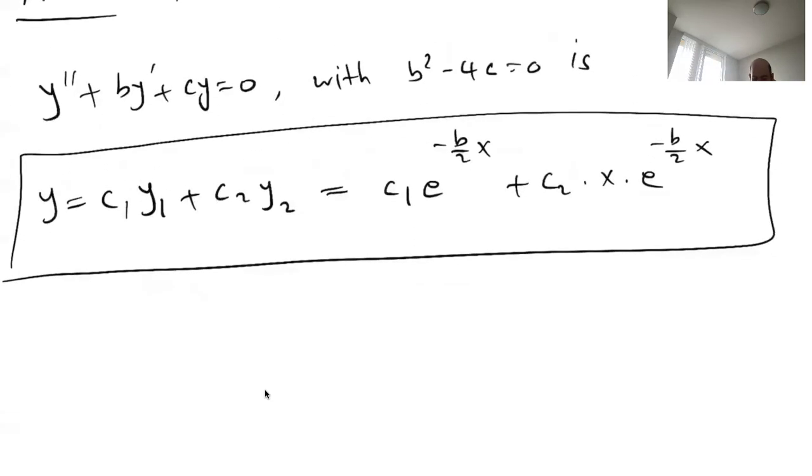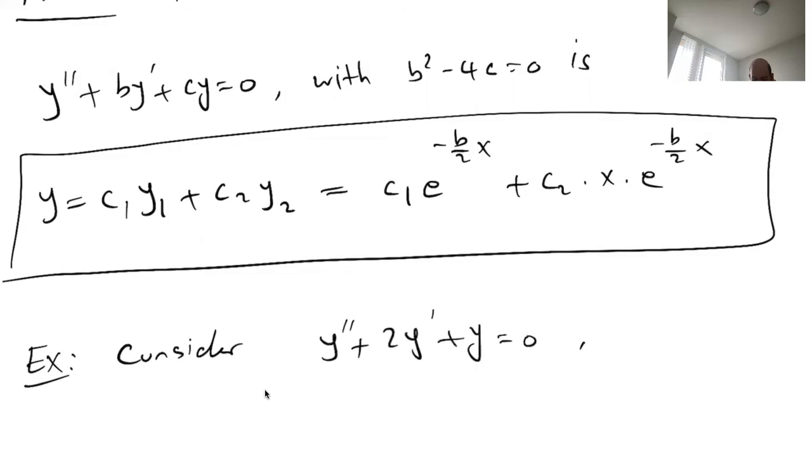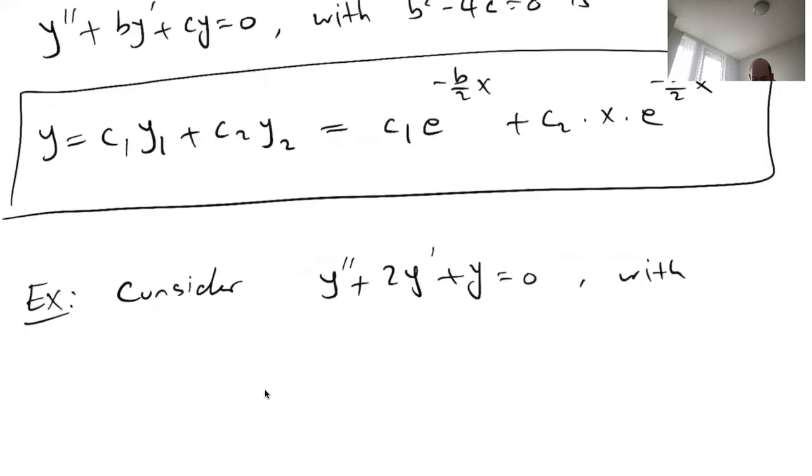Now let's look at an example of this case. Consider, let's say, y double prime plus 2y prime plus y equals 0 with, let's say, y of 1 equals y prime of 1 equals 2.